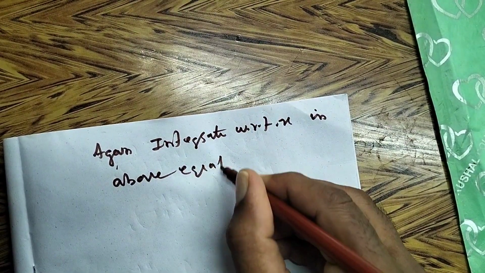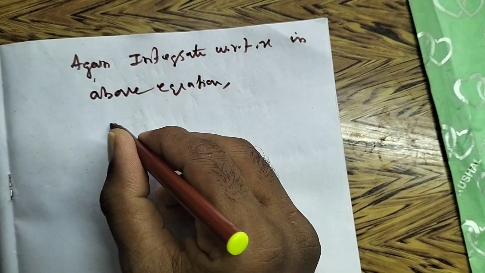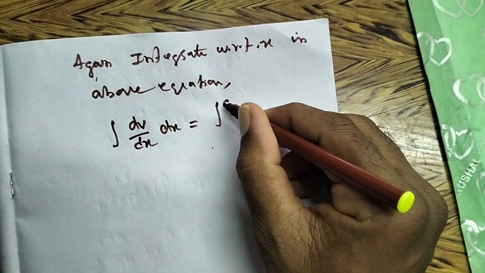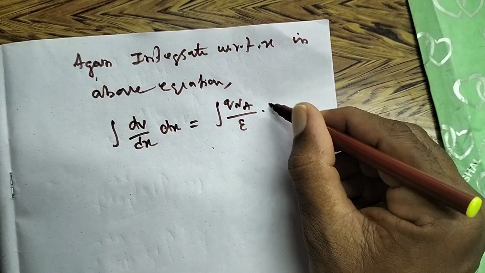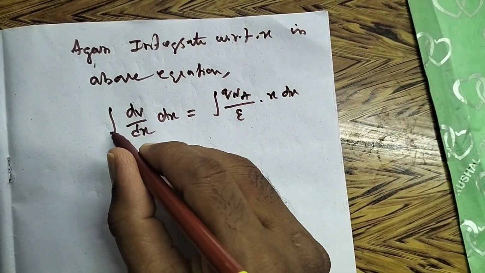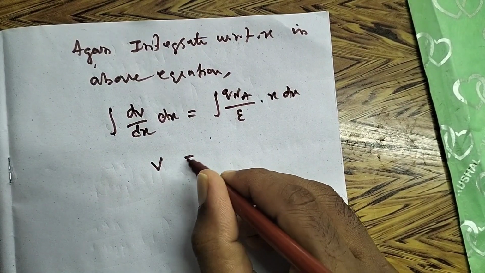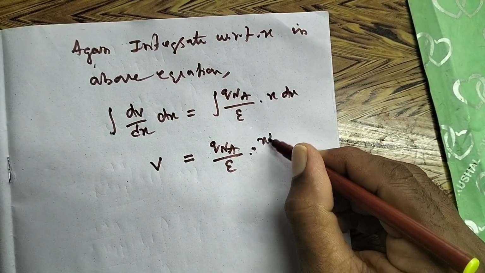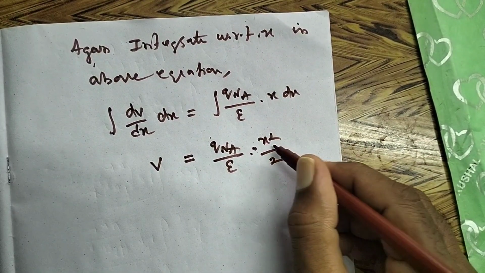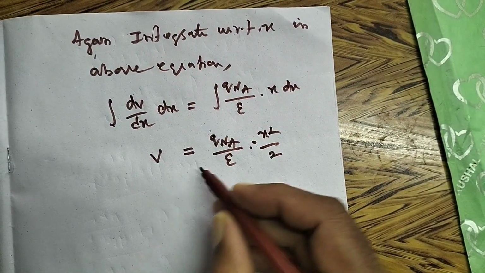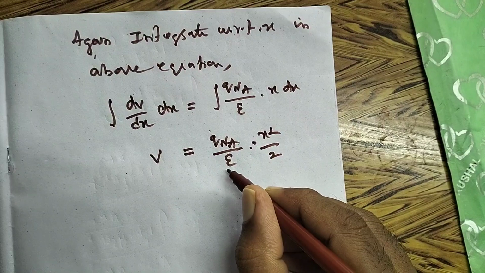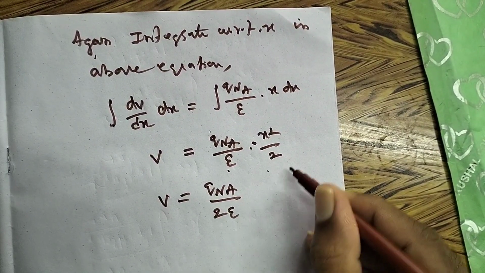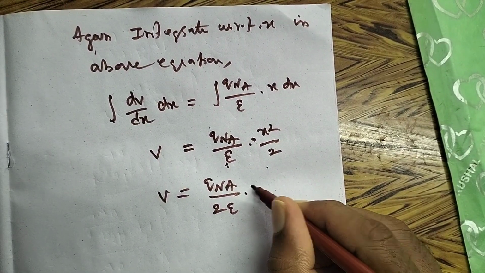Integral of dV by dx dx equals integral of q Na by epsilon times x dx. Integration and differentiation cancel, leaving V. So V equals q Na by epsilon times x square by 2, which I can write as q Na by 2 epsilon into x square.